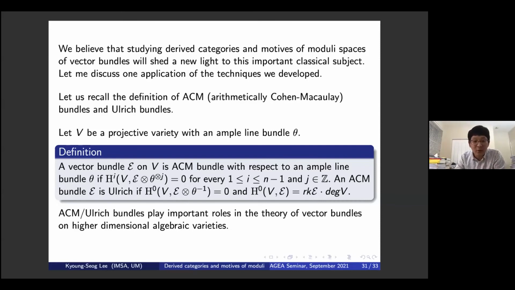I consider all twists of E by theta^j, and if all the middle cohomology vanishes, then I call this an ACM bundle. An Ulrich bundle is one where E tensor theta inverse has no global sections, and the global sections of E number rank times degree of V. These bundles play a very important role in the theory of vector bundles on higher dimensional algebraic varieties, which is a very active area these days.